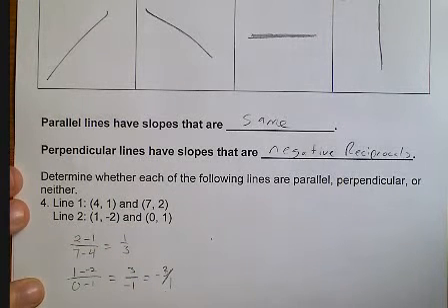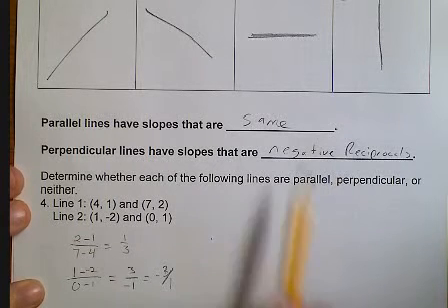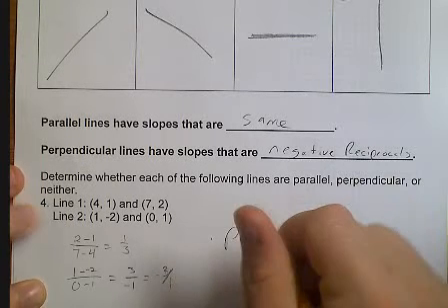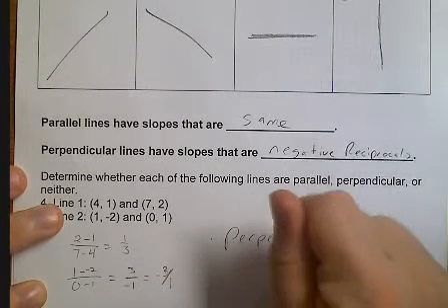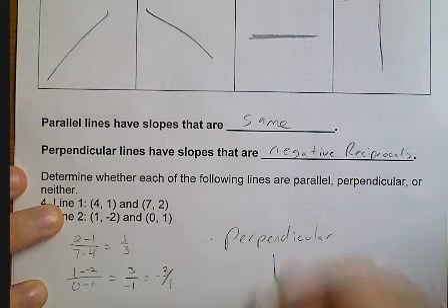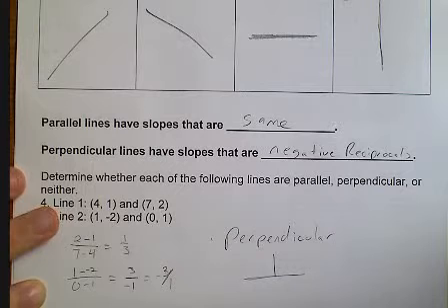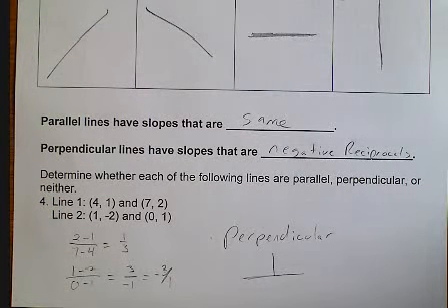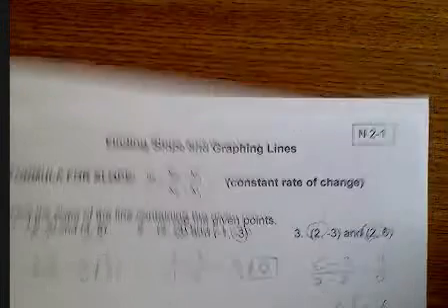So they are flipped. They're reciprocals. The first one is positive, the second one is negative, so they are negative reciprocals, which means that these lines are perpendicular. Or you can just use the symbol like this. It's an upside down T, capital T. And I will know that you're talking about perpendicular lines.